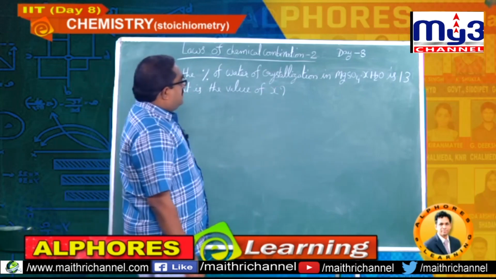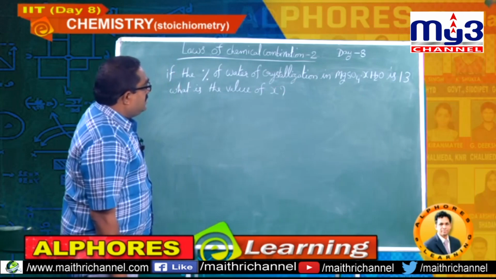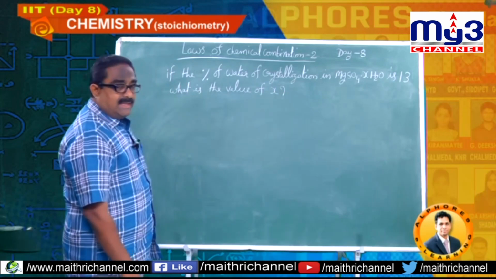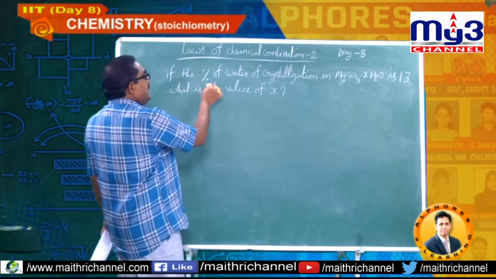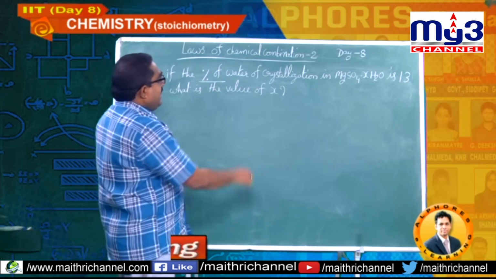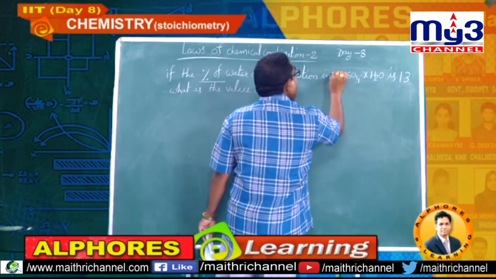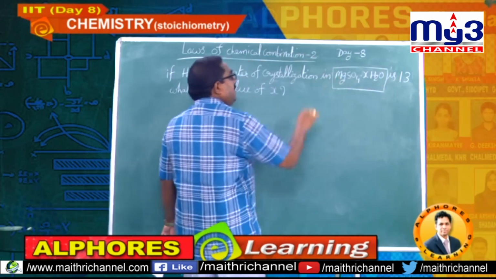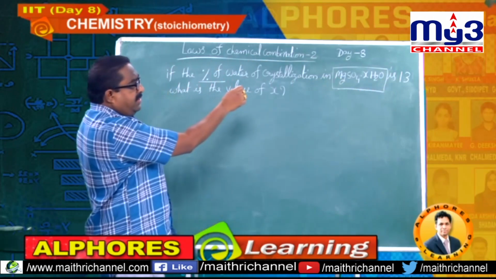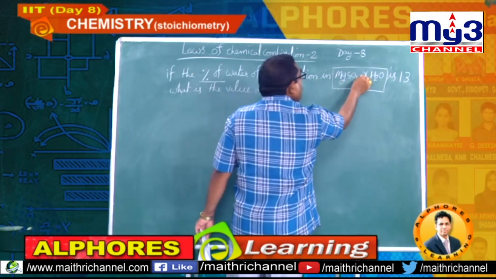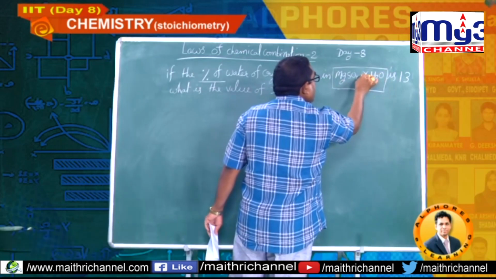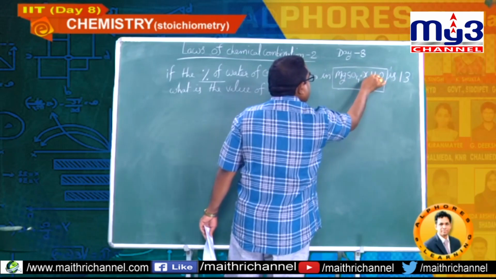Now let me go for the solution of this question. He has given the percentage water of crystallization in this hydrated magnesium sulfate. The magnesium sulfate compound in combination with water, that is called water of crystallization.